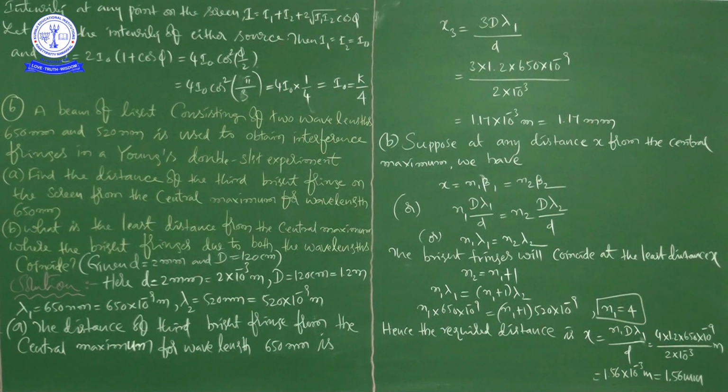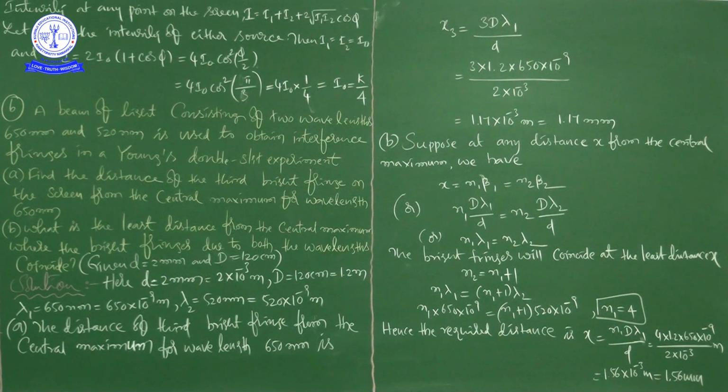Okay, and he is asking what is the least distance from the central maximum where the bright fringes due to both the wavelengths coincide? We know the N1 value, but we want to find the required distance.